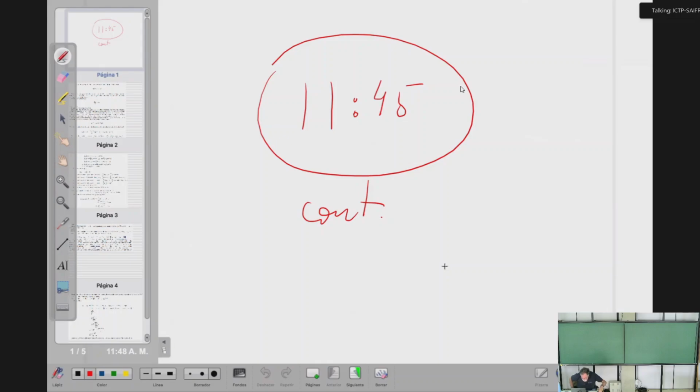So now we want to prove the theorem, actually the first part, which is an important one.